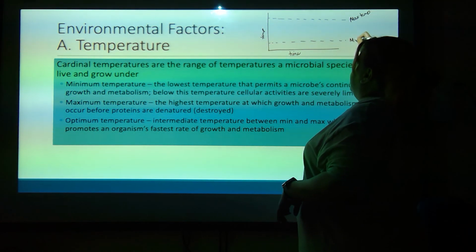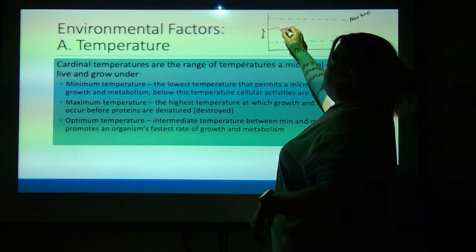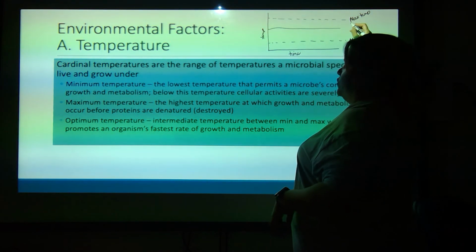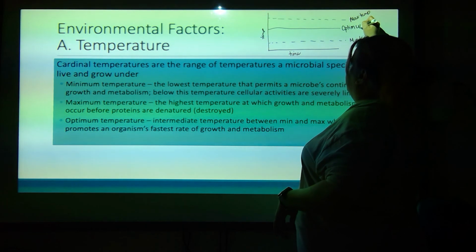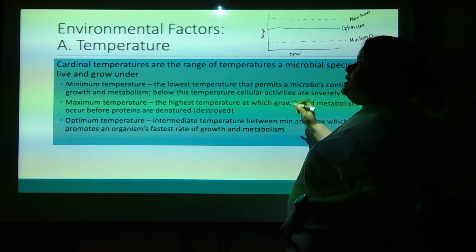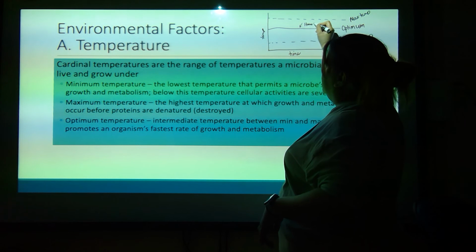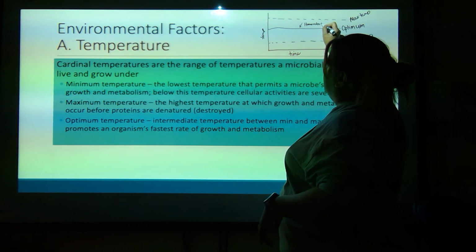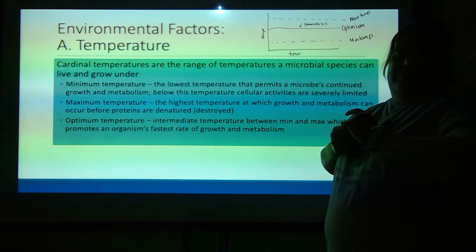This would be the min temp, okay? And then dead center in the middle right here is going to be optimum, okay? So this would be homeostasis. All right? It would be absolute perfection.